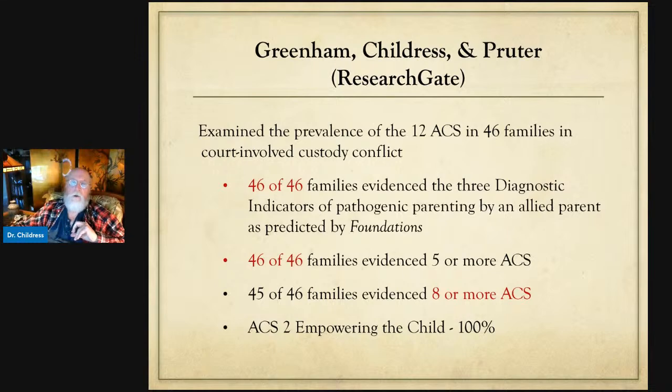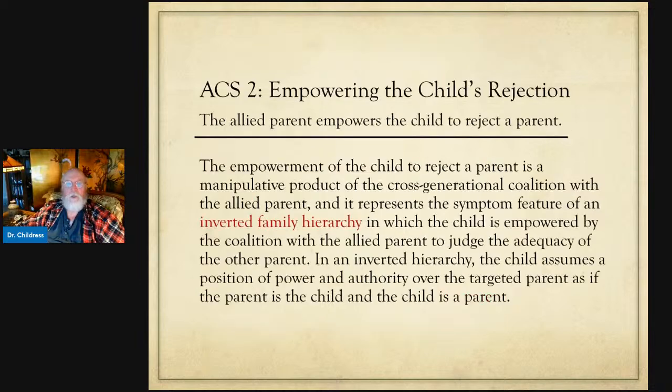So it showed up all the time, consistently, that we should allow the child to decide on visitations. What this symptom is, is the allied parent empowers the child to reject the parent. It has to do with cross-generational coalition and manipulation, various aspects of the pathology.